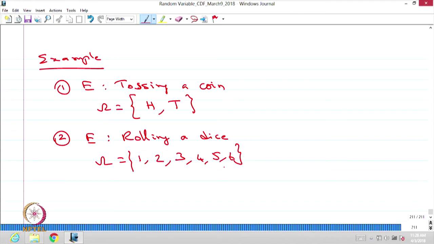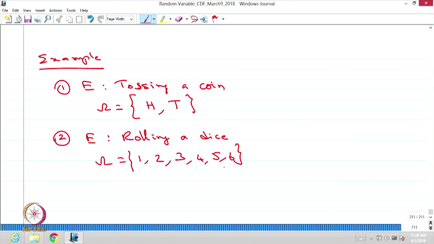These are all the possible outcomes. Whenever you roll the dice, the possible outcomes are either 1, 2, 3, 4, 5 or 6. So the omega consisting of all possible outcomes, that is very important. You should make a set consisting of all possible outcomes. The first one has only 2 elements, whereas the second one has 6 elements.